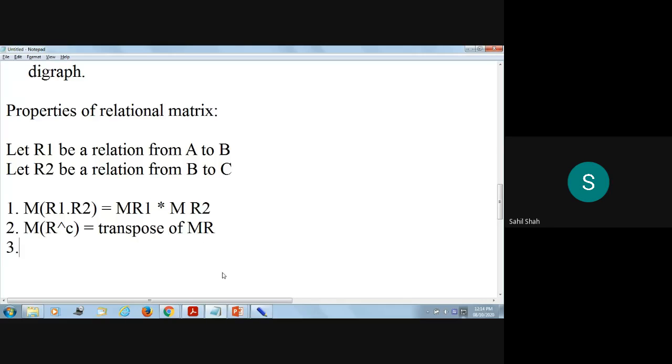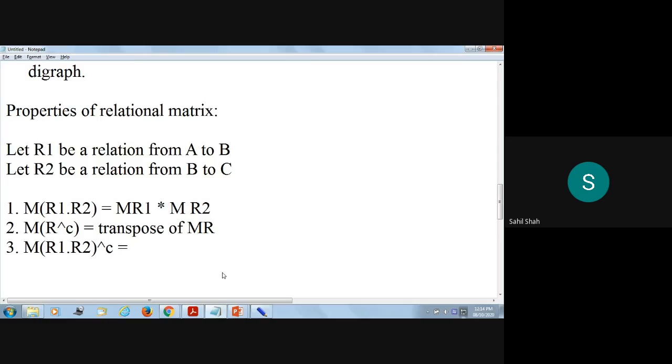Third property, M of R1 composite R2 whole converse. Converse is applicable for R1 composite R2, not for the matrix. So we will first compute R1 composite R2, then take its converse, and then construct a matrix.